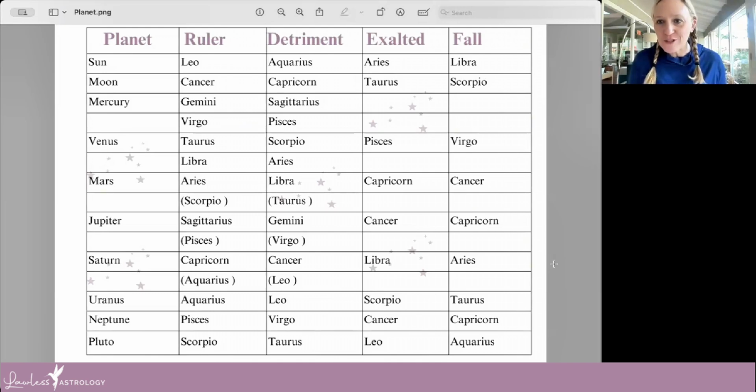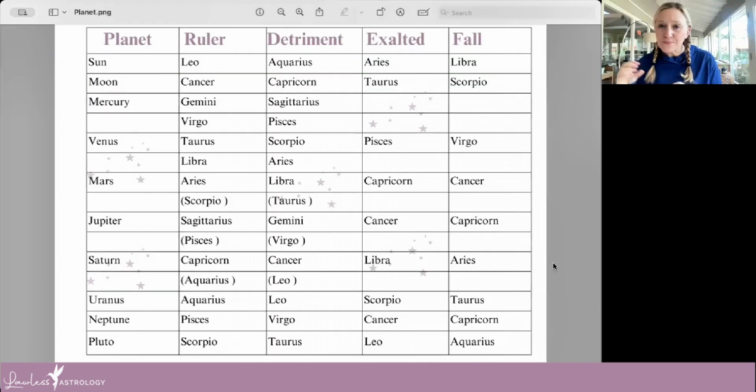Aries wants to be the first ones out there. They have this kind of bold warrior energy. And so it's really a place of honor for them to be exalted. So it's kind of a place where they just feel really like, this is awesome. I could get into this. It really understands the planet and it just feels special there.